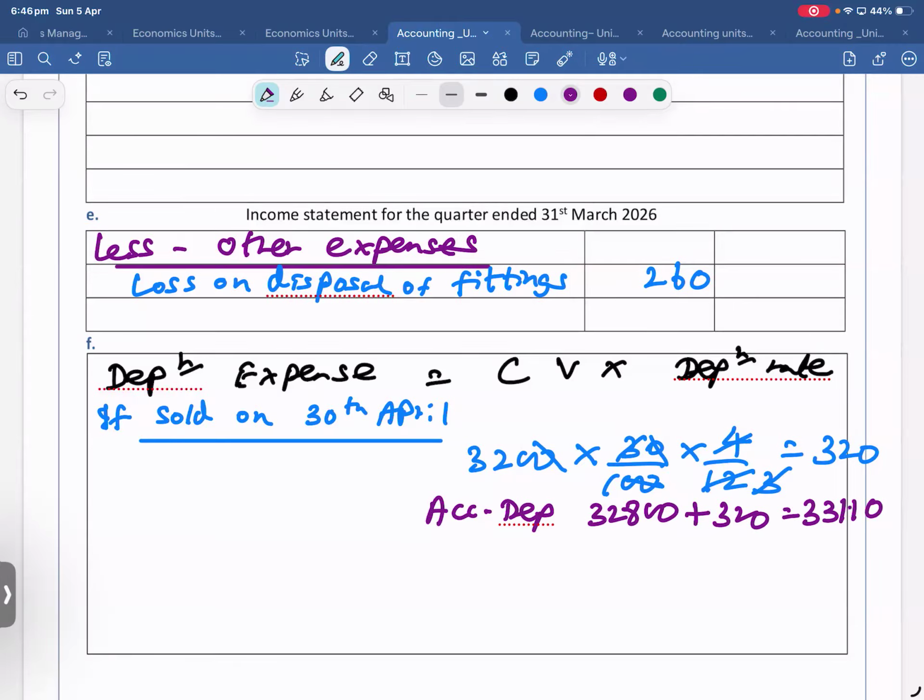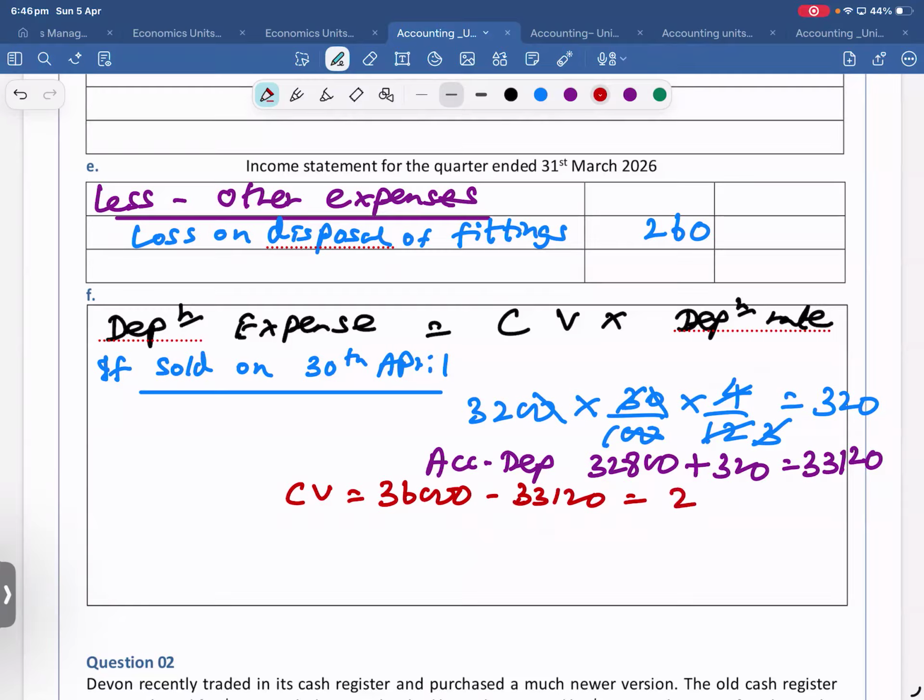Carrying value equals 36,000 take away 33,120, which is 2,880. And this one is sold for how much? 4,000. So 4,000 take away 2,880, which is 1,120 profit. Right?